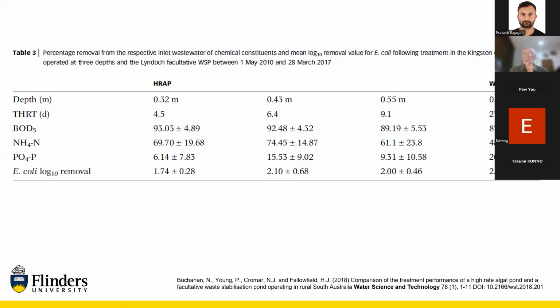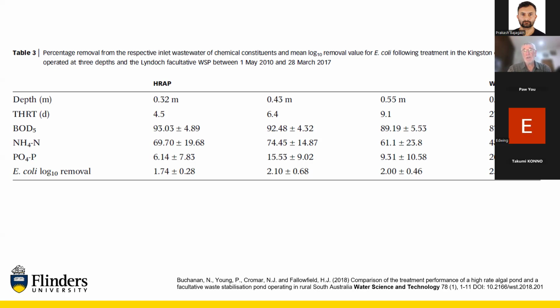So what we did, we ran these ponds in different seasons, but we divided the seasonal data, which I'm going to show you. We worked out that the average temperature at the time we did this was about 17.5 degrees. And we said anything above 17.5 is, in inverted commas, the warm season, and anything below is the cold season.